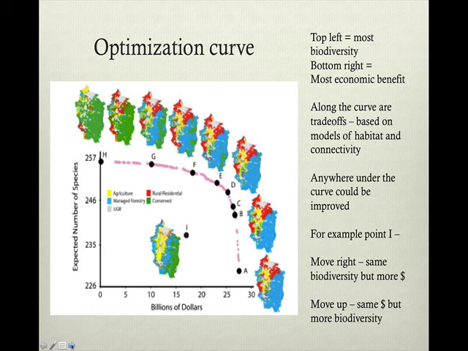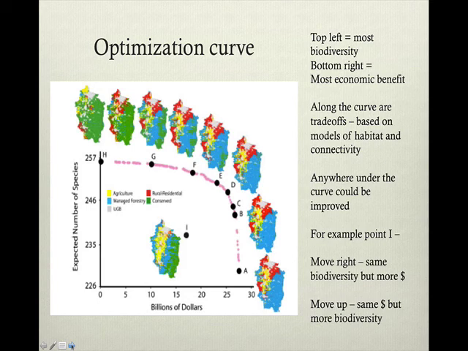And then as you move to the right and down over to the bottom right, you see the least number of species but the highest development cost. And there's a lot of urban areas, a lot of rural residential, a lot of managed forestry, and that ends up being how you can make the most money.